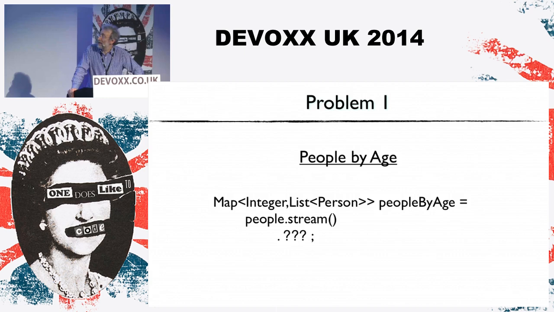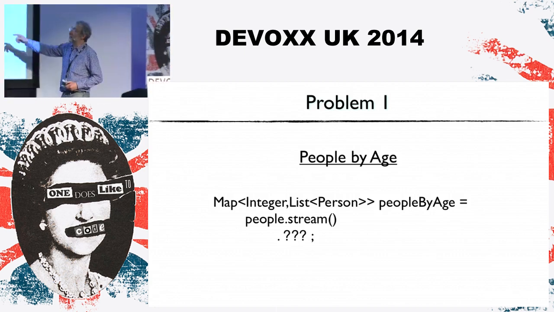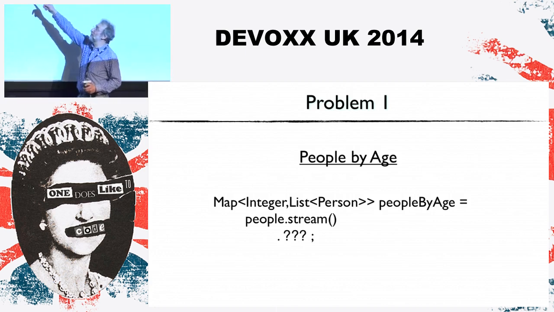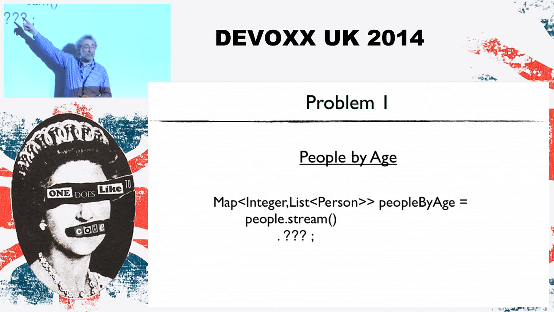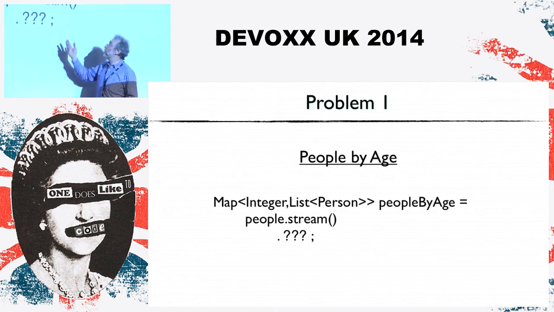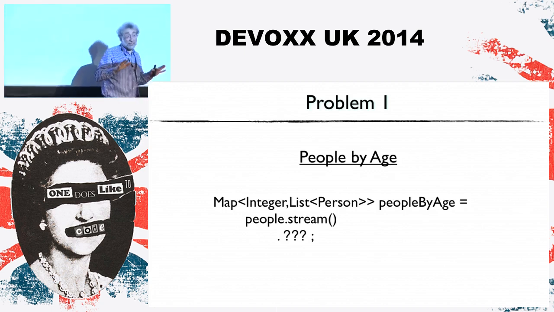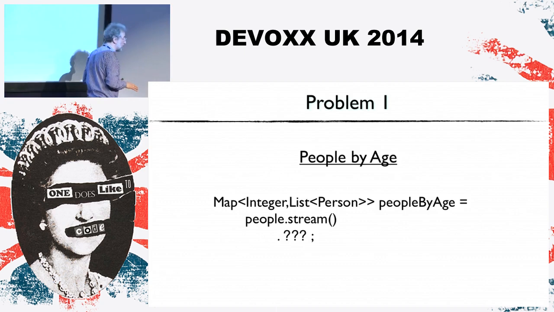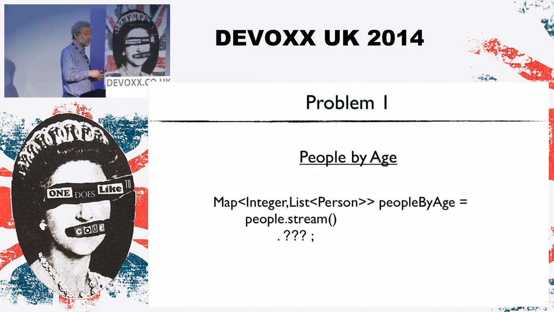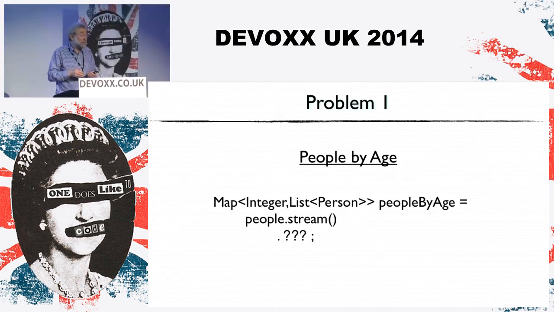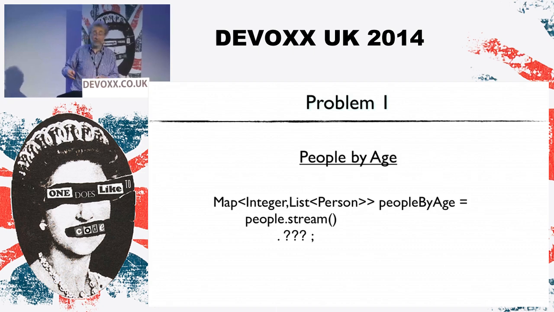Sorry. People by age. Okay, this is meant to be quite an easy one. You want to look at the type that we're trying to produce. So we want to map from integer to list of person. And I've restricted these examples. The original talk had loads of different kinds of examples, which included lots of stream operations, intermediate operations on streams, like map and filter and so forth. But these are just going to use collectors.